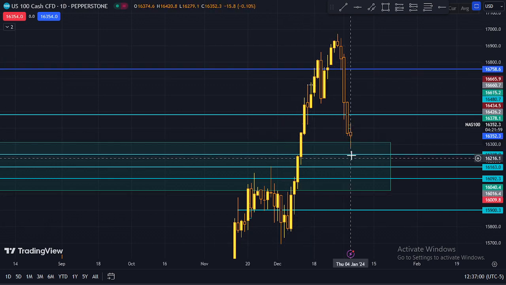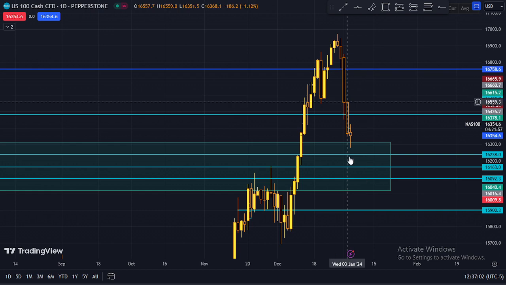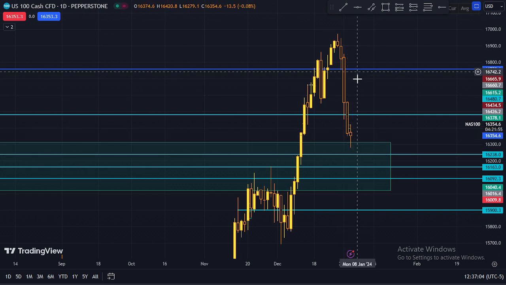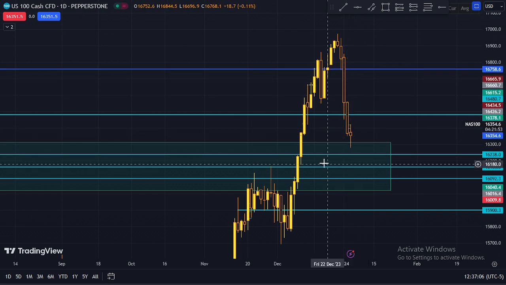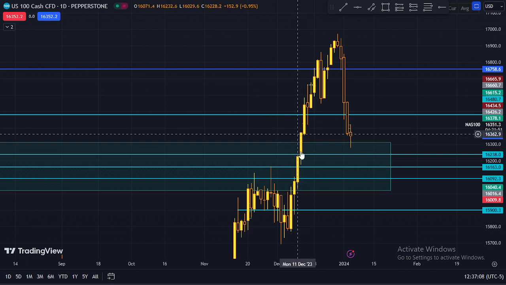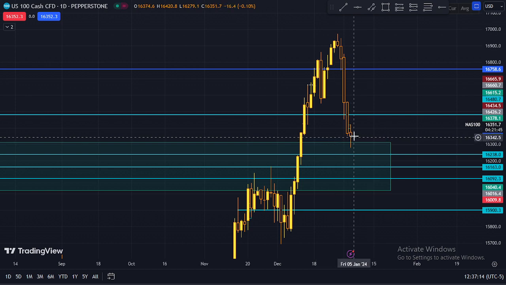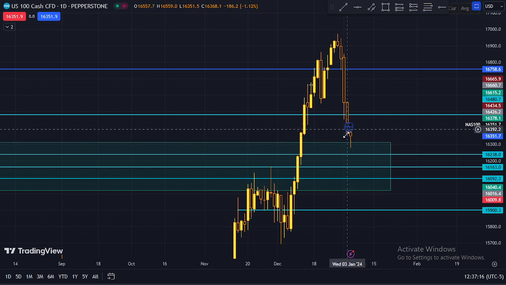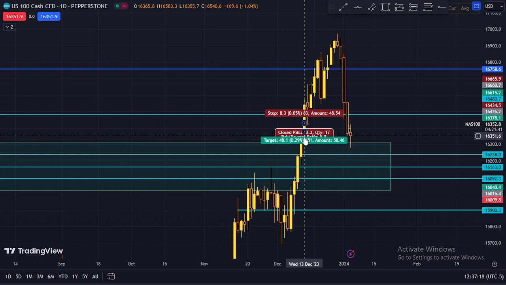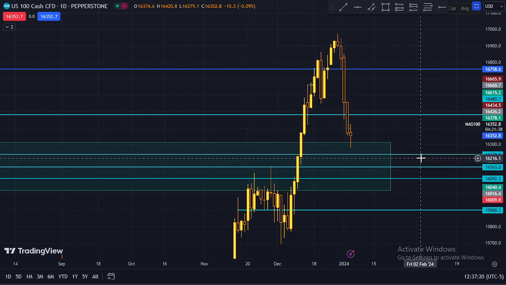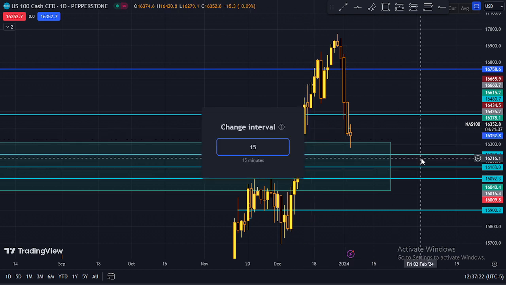Now it's coming back to it. So it could act as support, and then maybe trade into this. So this would have been the draw on liquidity. So we had that being the draw, and also this low, which was yesterday's low, and also this low. So let's get back to the 15-minute chart.